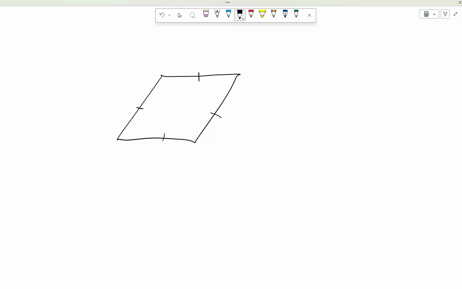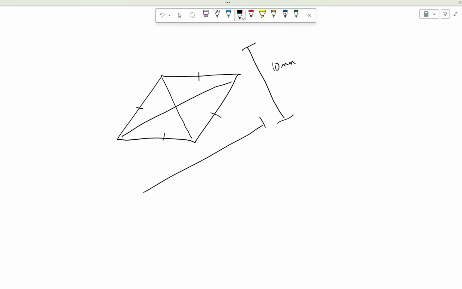Okay, and then I have this length here, right? So I have this diagonal, and then this diagonal. This one here is going to be 10 millimeters, and then this diagonal here is going to be 24 millimeters.